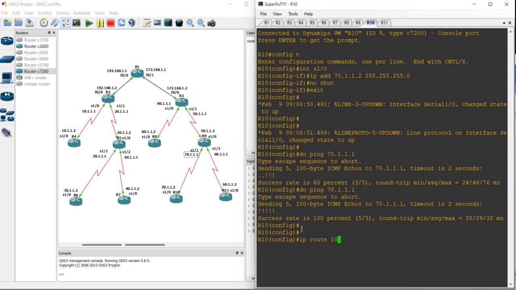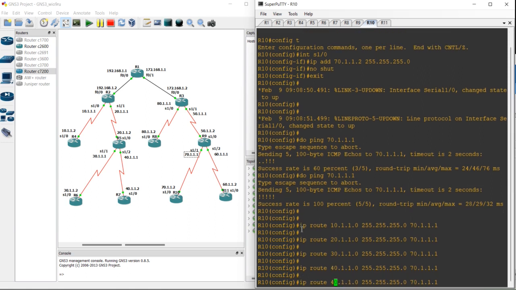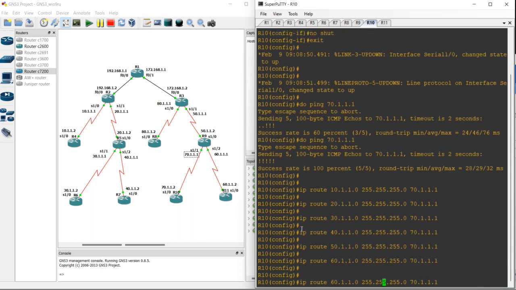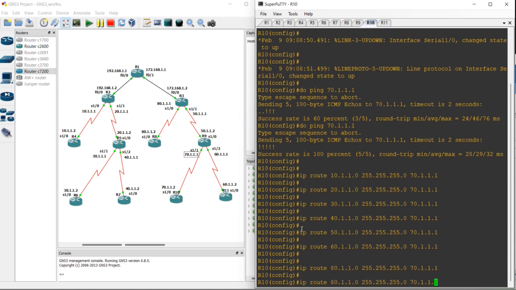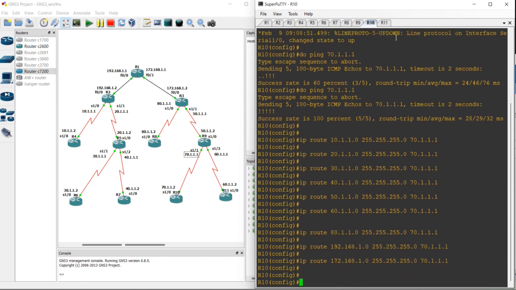So ip route 10, then subnet mask, and exit IP is 70.1.1.1, for the 20 network also, for 30, for 40, for 50, for 60, 70 is directly connected, and 80, and also the 192 and 172 networks: 192.168.1.0, 172.168.1.0. Okay, and last, router 11.